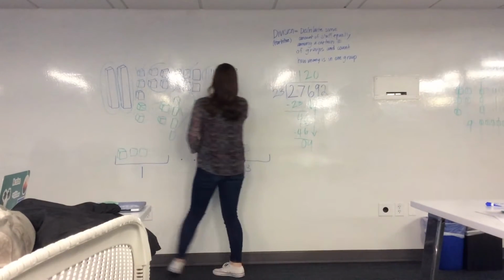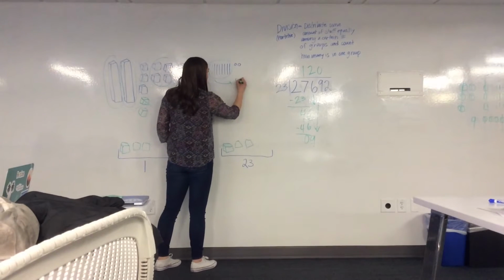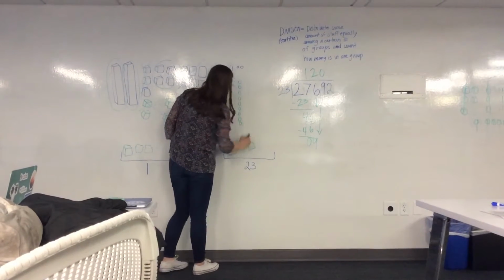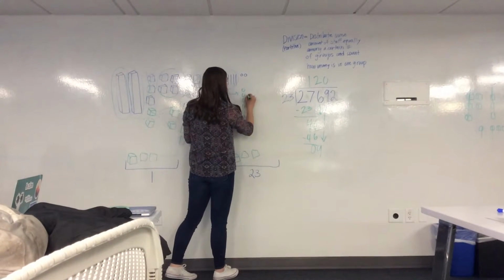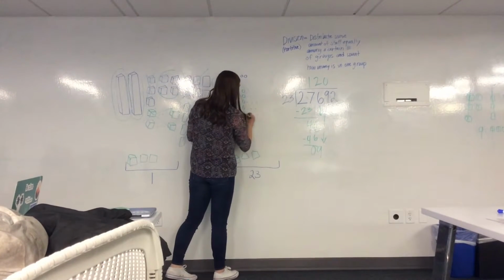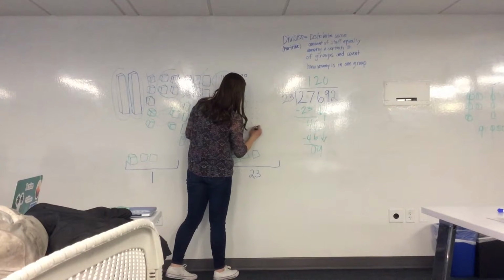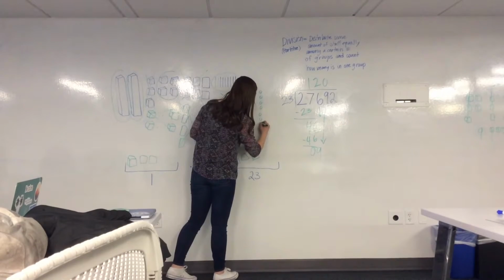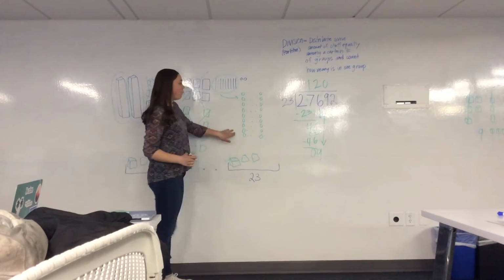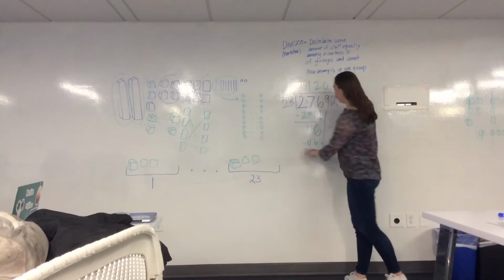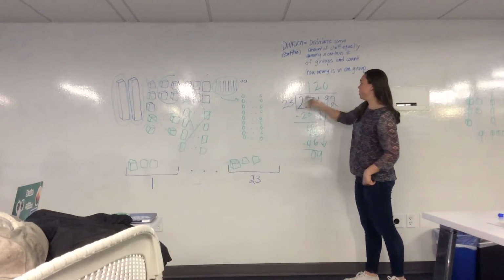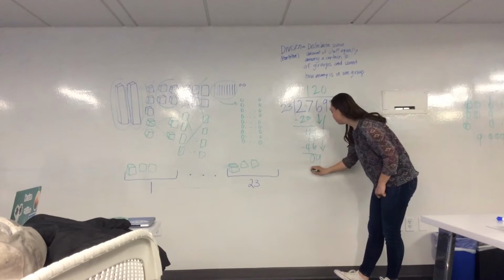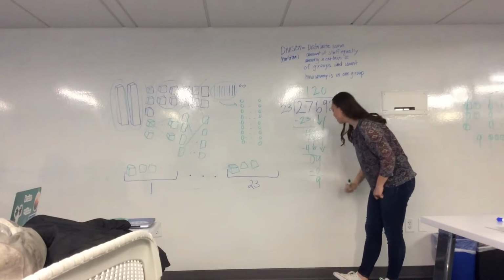Then we're going to break down these 9 rods into singles, so it'll be 9 groups of 10 singles. First we need to say we gave 0 rods, so 23 times 0 is going to give us 0. So then we still have 9 rods left over.